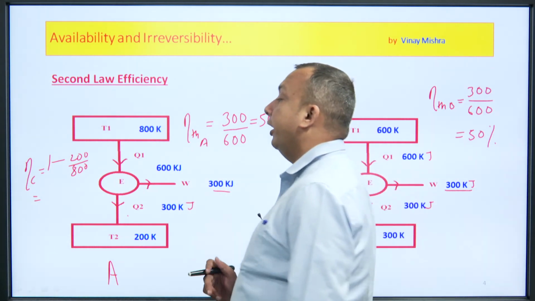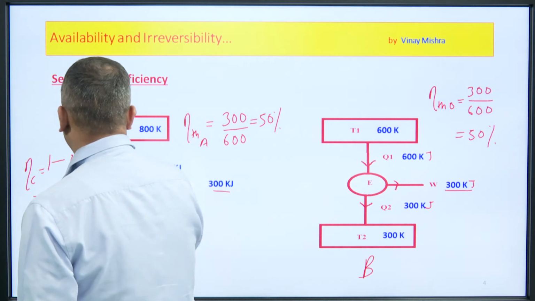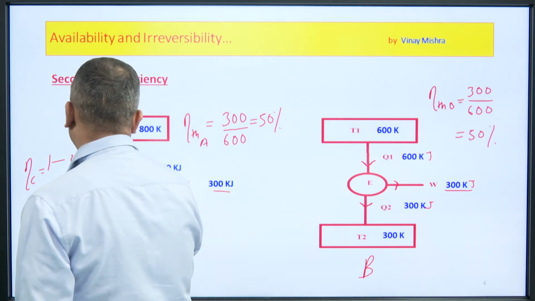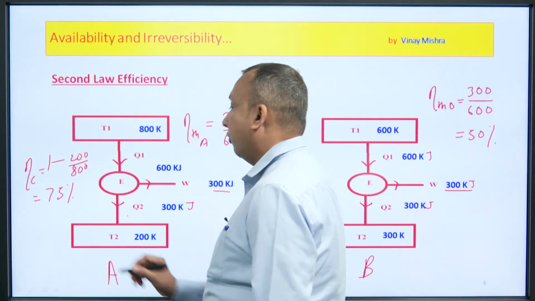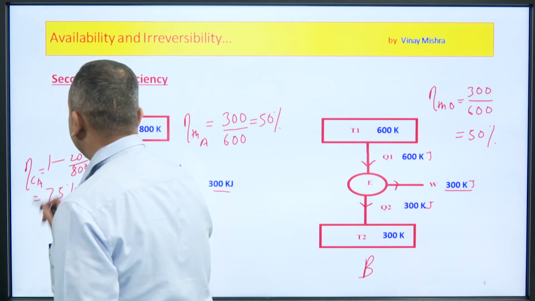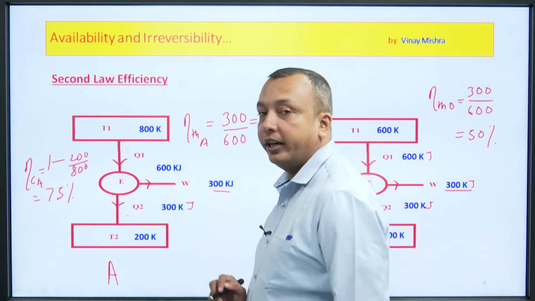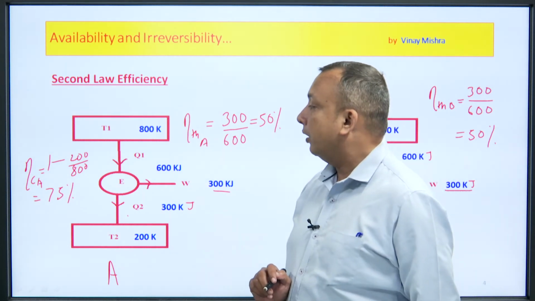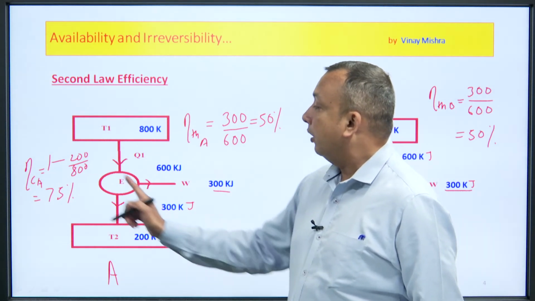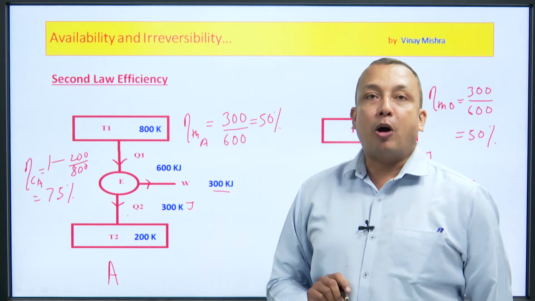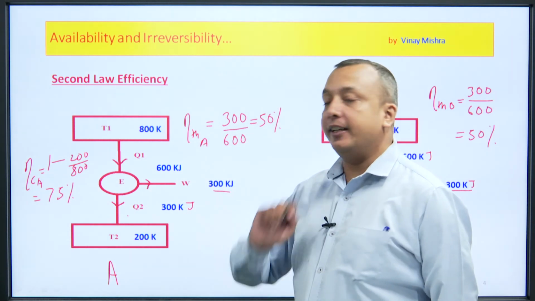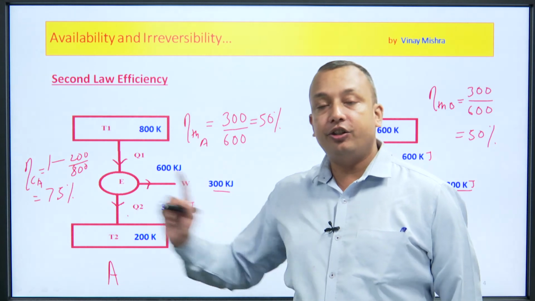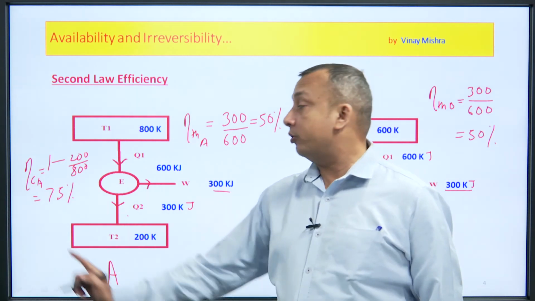Simply, what we are getting over here is 75% for A, C for Carnot cycle efficiency and A for this designation. So, the maximum possible efficiency for this engine A must be equal to 75%.